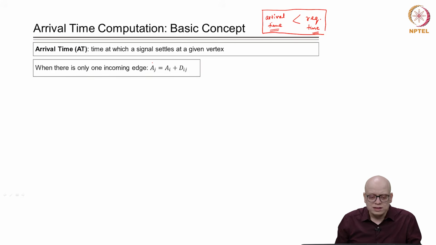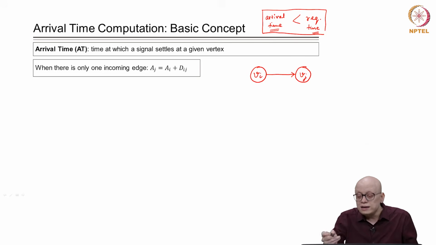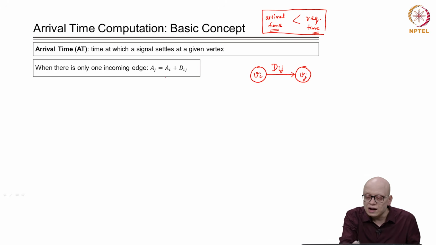When there is only one incoming edge, suppose there was a vertex Vi and a vertex Vj and there was a timing arc between them. If we say that the delay between these two is Dij, and the arrival time at Vi was Ai, then the arrival time at Vj will be Aj, where Aj is equal to Ai plus Dij.